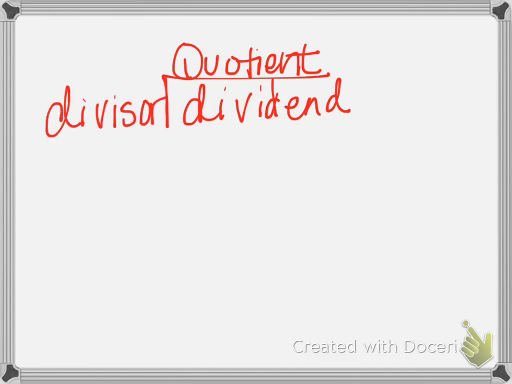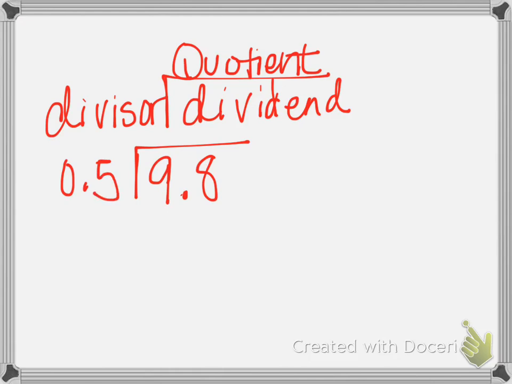Same type of thing. Okay, so our first problem, you see you have 9.8, so read it out loud, 9.8, which is our dividend, divided by 0.5, and that is the way it's written at first.